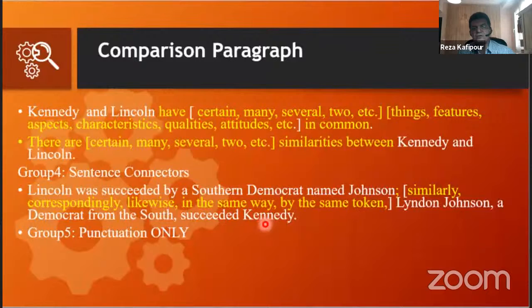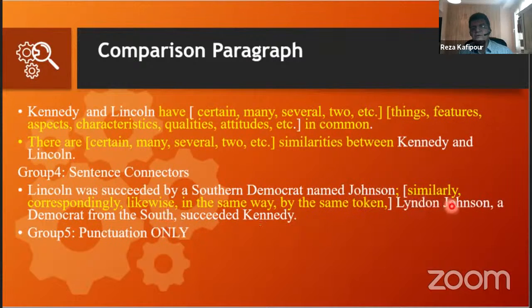In order not to use the exact words of the first sentence, we change a Southern Democrat to a Democrat from the South. So we are playing with the words in order to avoid repetition in the structure of sentences.